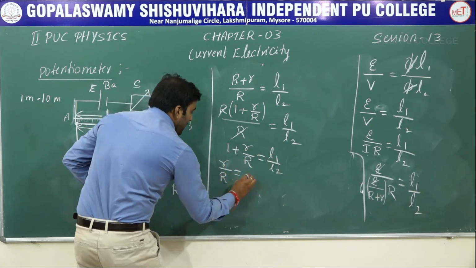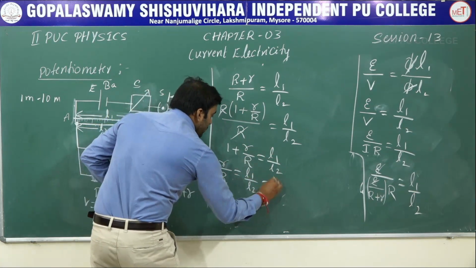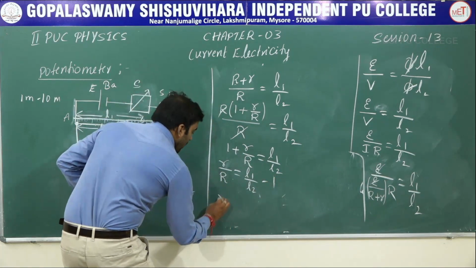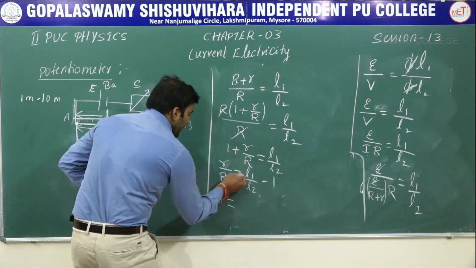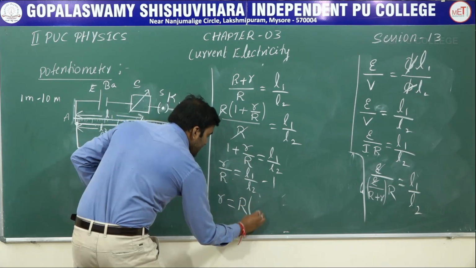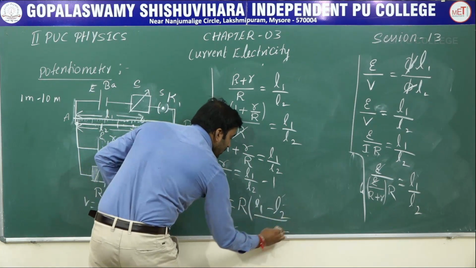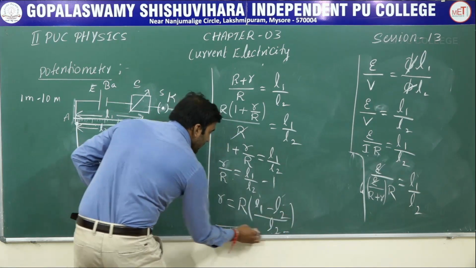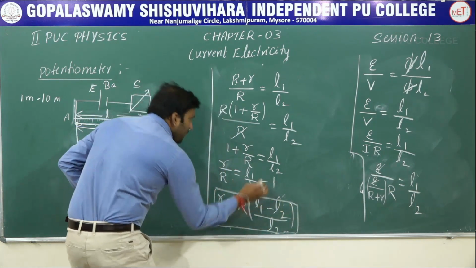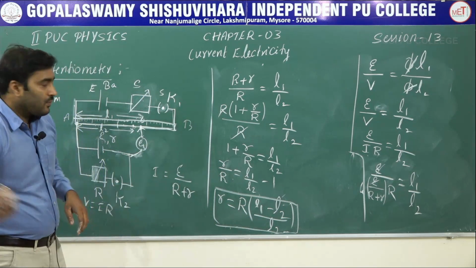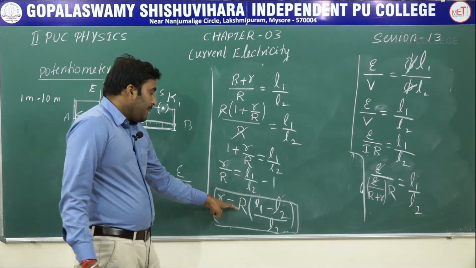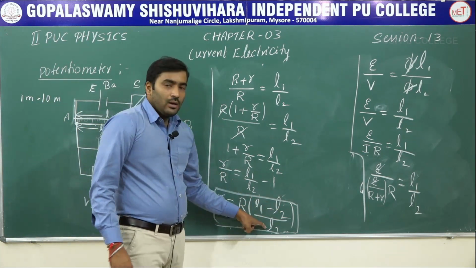So r divided by capital R is equal to L1 by L2 minus 1, or r is equal to R into L1 minus L2, divided by L2. So we get an expression for internal resistance: internal resistance r is equal to capital R into L1 minus L2 by L2.